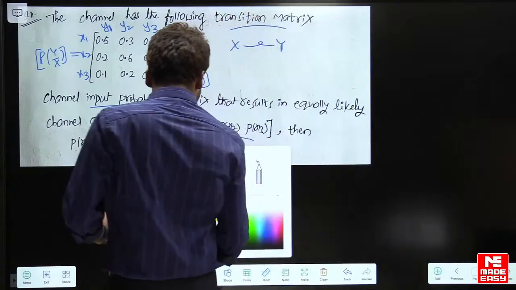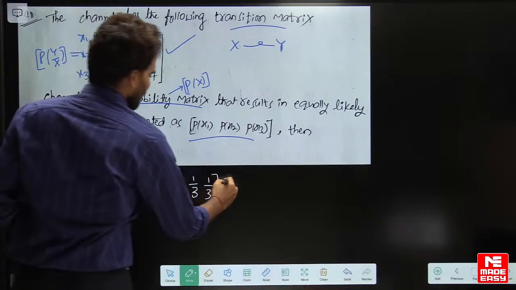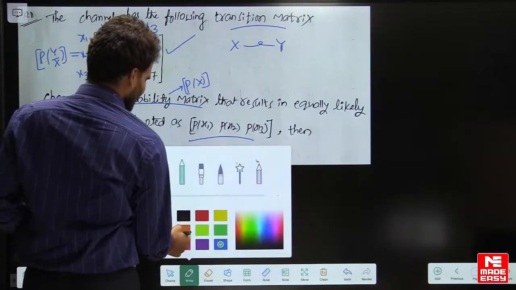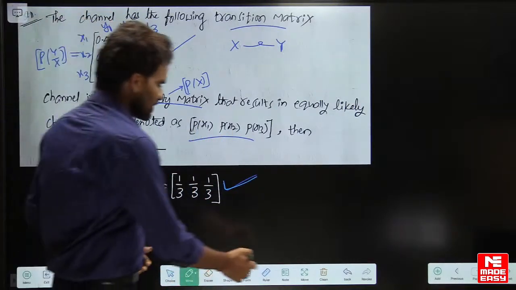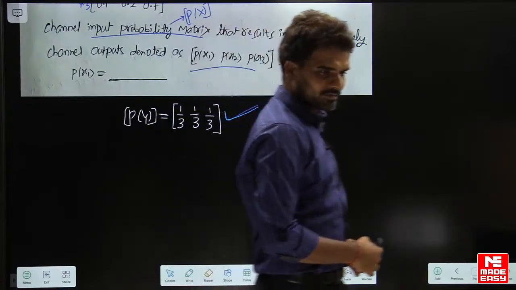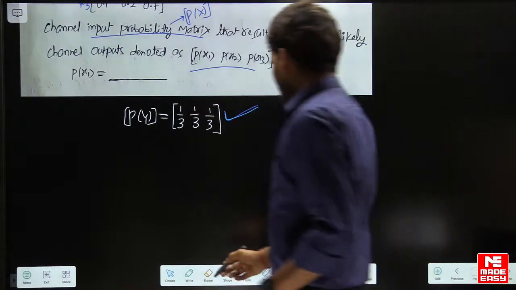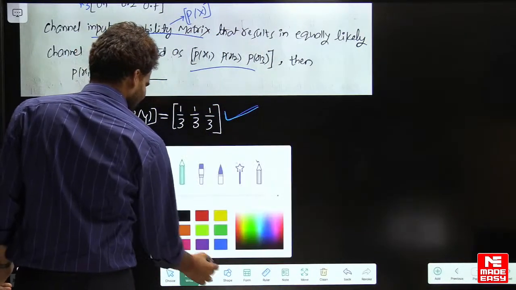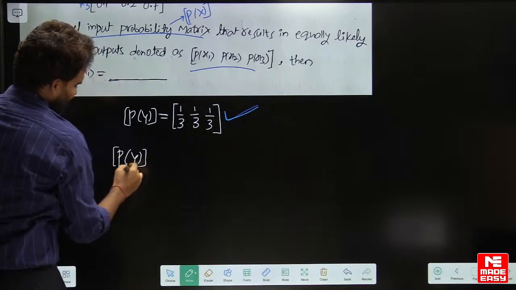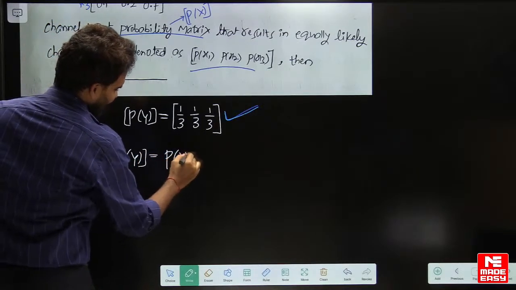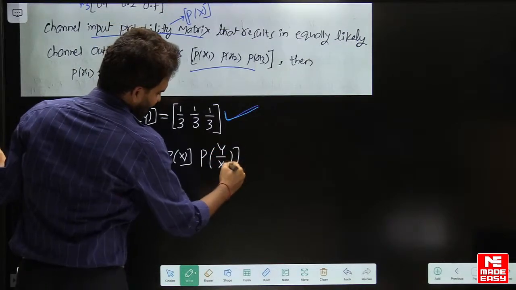Any idea how to get the P(X) elements? So here P(Y|X) is given and P(Y) is given, and you have to get P(X). How to get P(X)? Any idea? Yes, we know that P(Y) equals P(X) into P(Y|X).